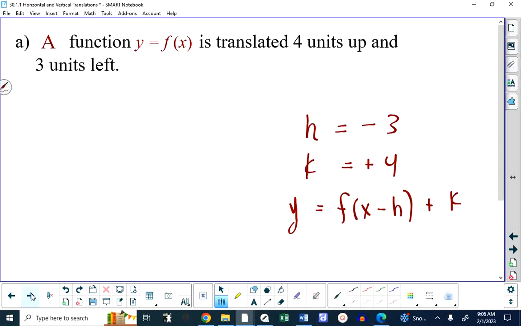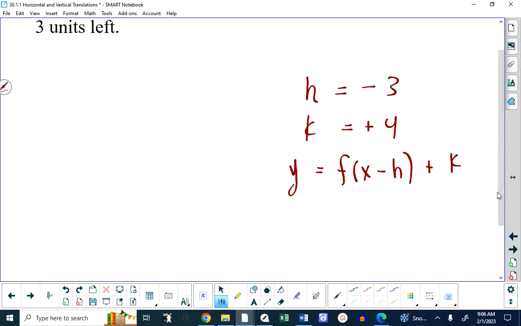When we use that template, all we do is we put the parameter value of negative 3 in for h and the parameter value of 4 in for k. So the new function is f of x minus negative 3 plus k, which is 4. And I hope you're fine with me saying minus, negative, and just writing plus at the same time. So let's walk away from A here, from question A for a second.